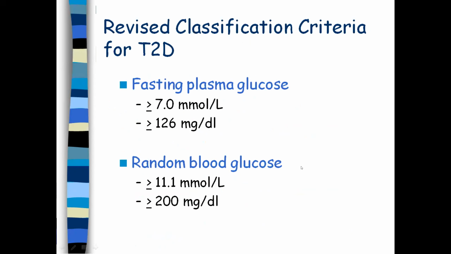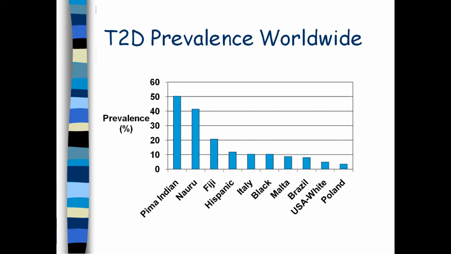So for type 2 diabetes, all we know is fasting blood glucose and random blood glucose. Fasting blood glucose is 70 to 100, and random blood glucose is more than 140 milligram per deciliter.